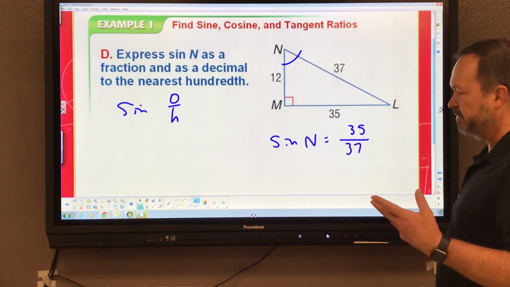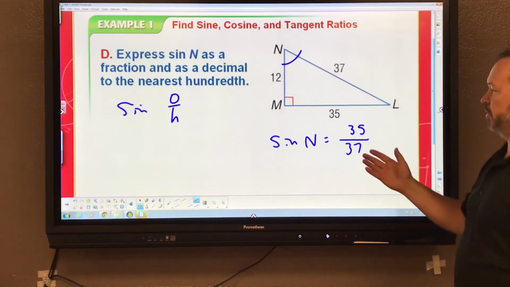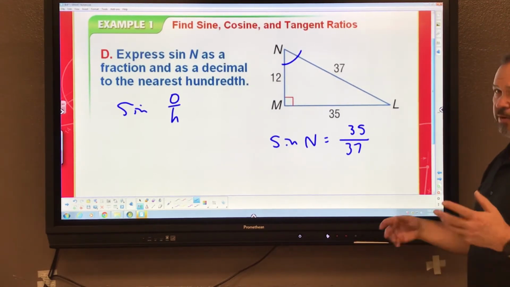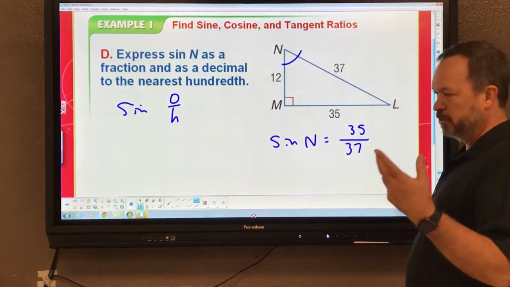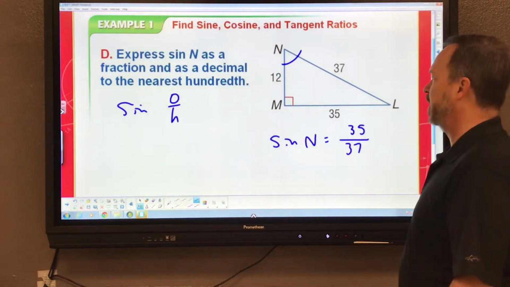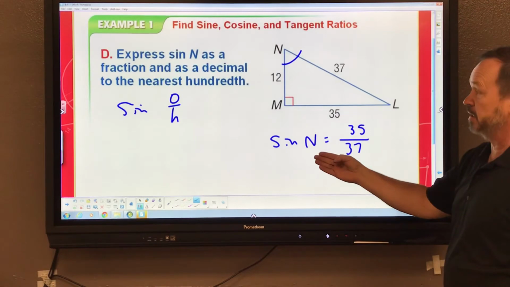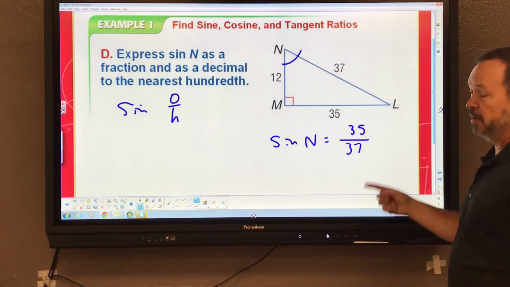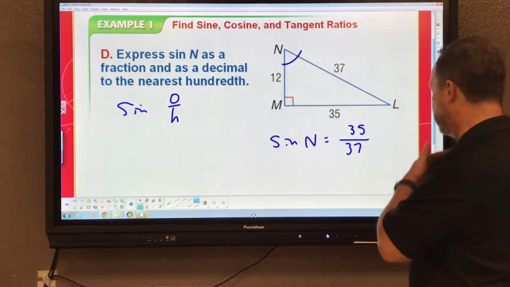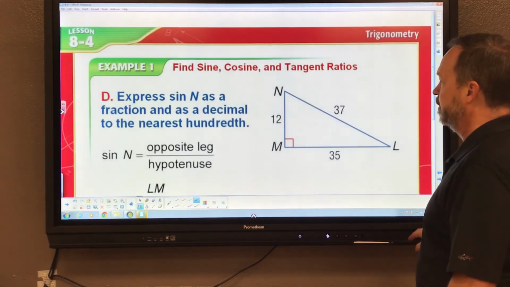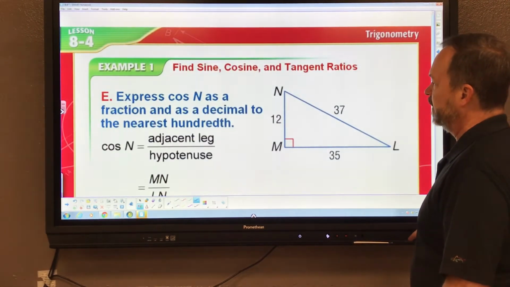And you remember cosine of L was 35 over 37. There are some connections there that you'll see in a pre-calculus class, that the sine of N is equal to the cosine of L. Again, you can back up the video if you want to see that. I'm not going to take the time to prove that here. It's just how it works.